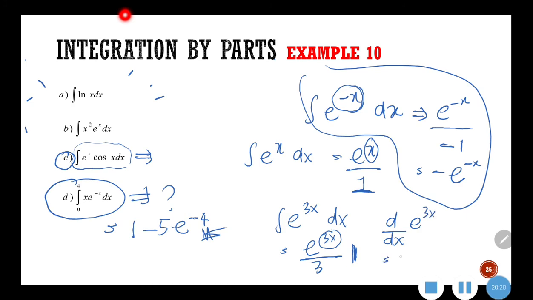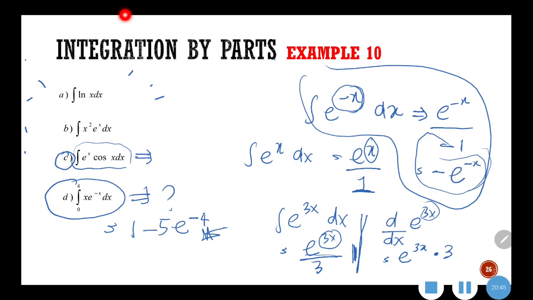Okay, kita differentiate e to the power of 3x, copy balik soalan dan darab dengan the derivative of the power, right? So if we differentiate, we get 3 times e to the power of 3x. Tapi kalau kita integrate, kita bahagi. So we get e to the power of 3x over 3. So that's why yang ni lah. Okay, we get negative of e to the power of negative x.